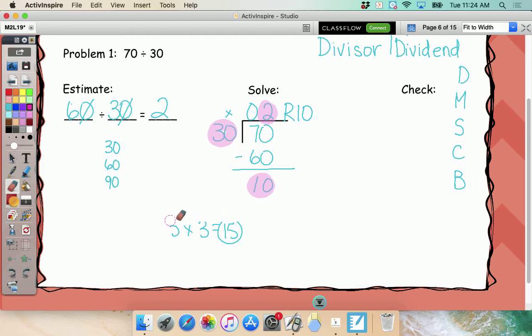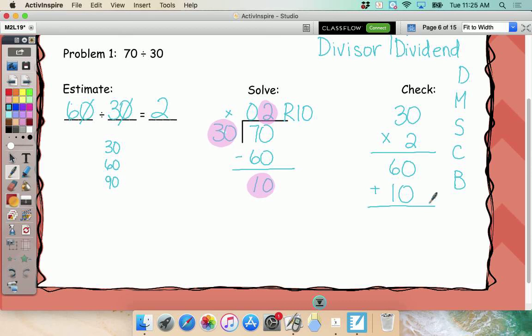Okay, so here's what I'm going to multiply. I'm going to multiply the 30 times the 2. So just write 30 times 2 down. And my answer is what? 60. Then I'm going to add the remainder.